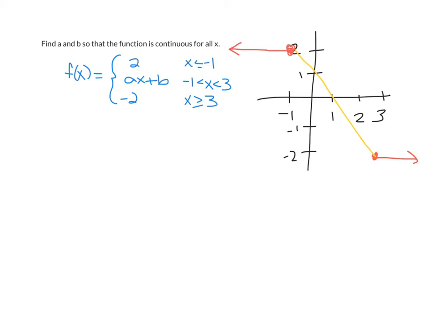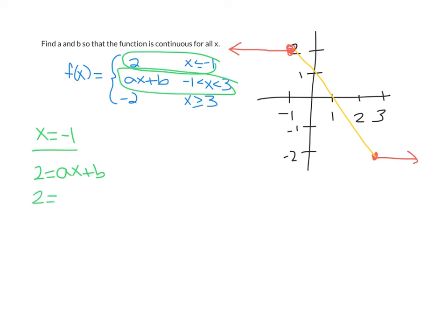So in order for this function to be continuous, we want that when x equals -1, these two things to be equal. So we want to have 2 equal to ax plus b. And actually, we know at that point that x would be equal to -1, so we're going to write it like this.